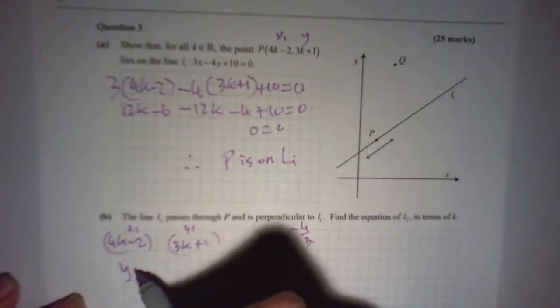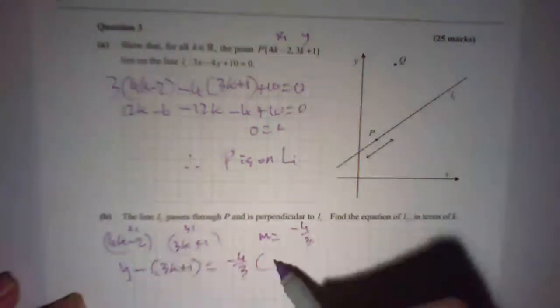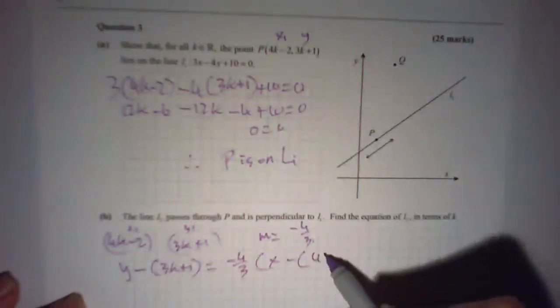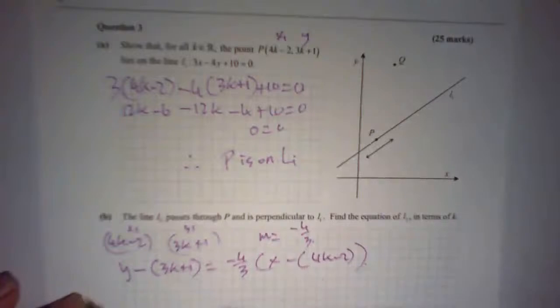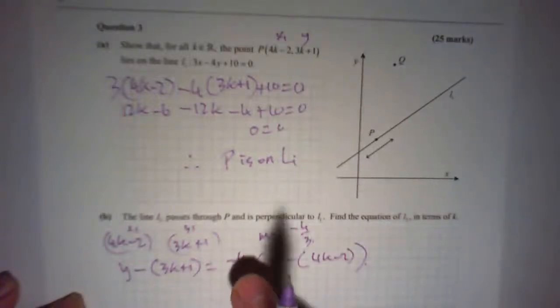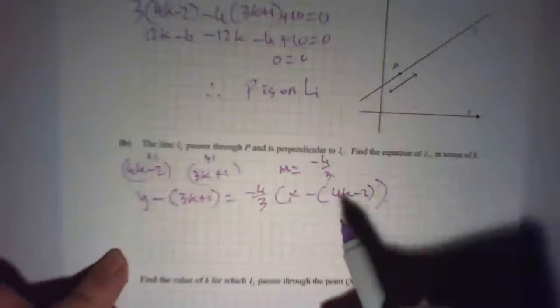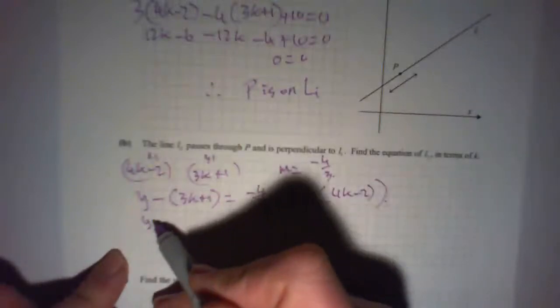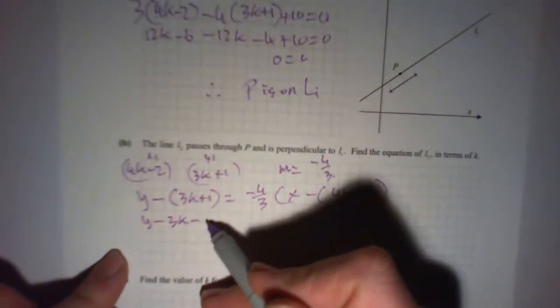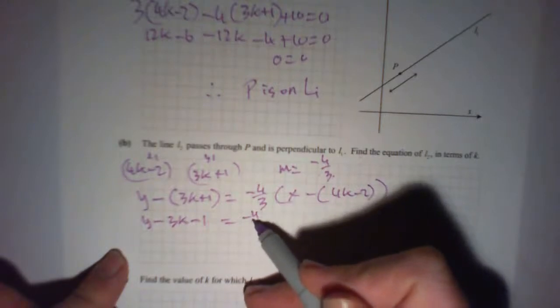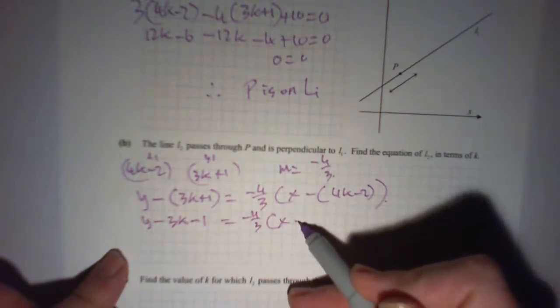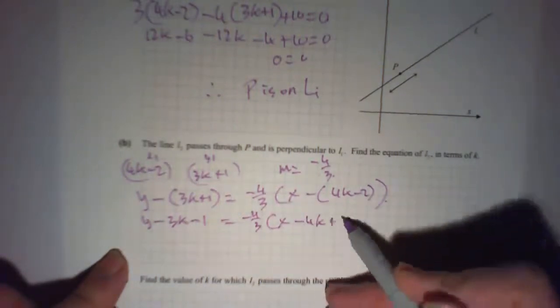So y minus y1 equals m, bracket x minus x1. Let's do our math. I am not going to distribute this slope first of all. I'll just work out the brackets first, then I'll distribute the slope and make it easier. y minus 3k minus 1 is equal to minus 4 over 3 times x minus 4k plus 2.